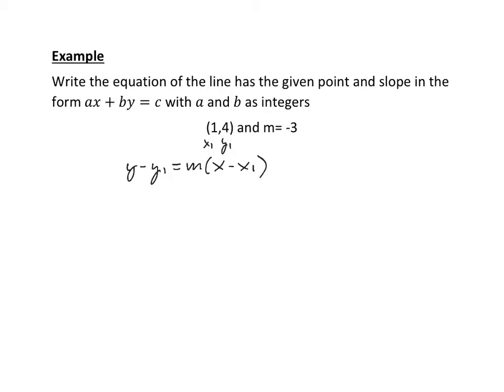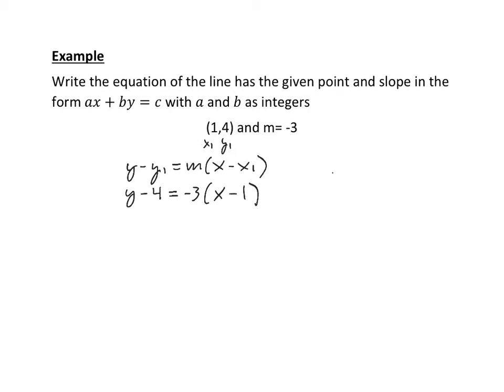Since y1 is 4, this is going to be y minus 4 equals m, which is negative 3, times x minus x1. x1 is positive 1, so minus 1.